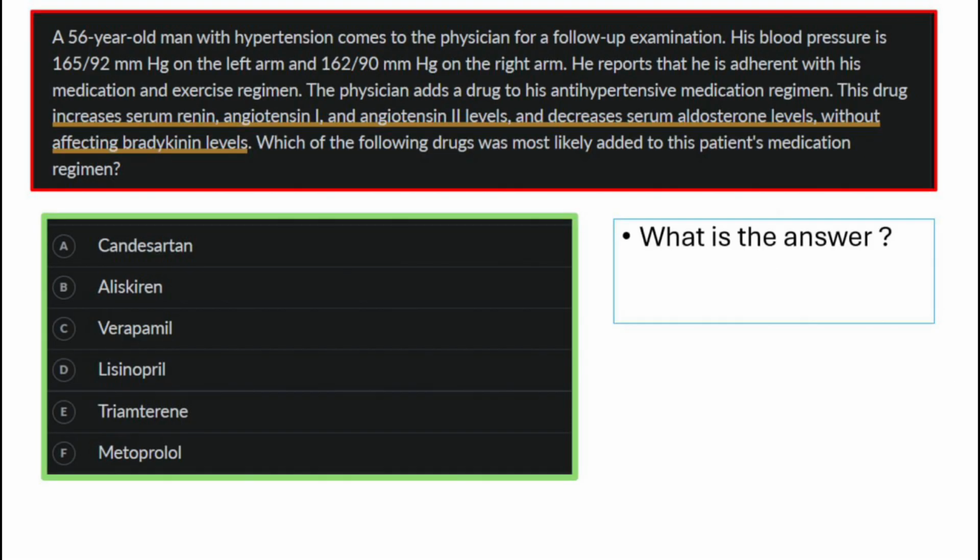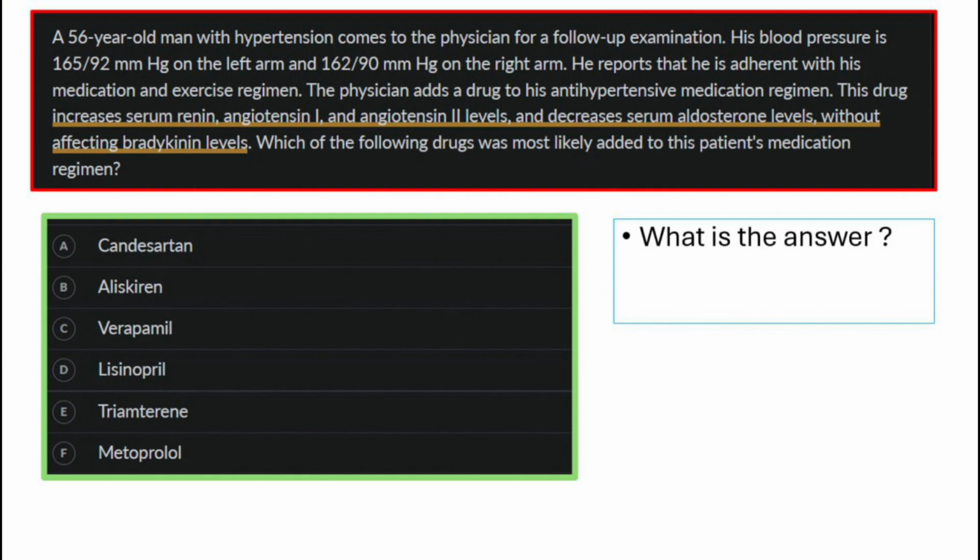So question: a 56-year-old man with hypertension comes to the physician for a follow-up examination. His BP is 165 by 92 mm of Hg on the left arm and 162 by 90 mm of Hg on the right arm. He reports that he is adherent with his medication and exercise regimen.